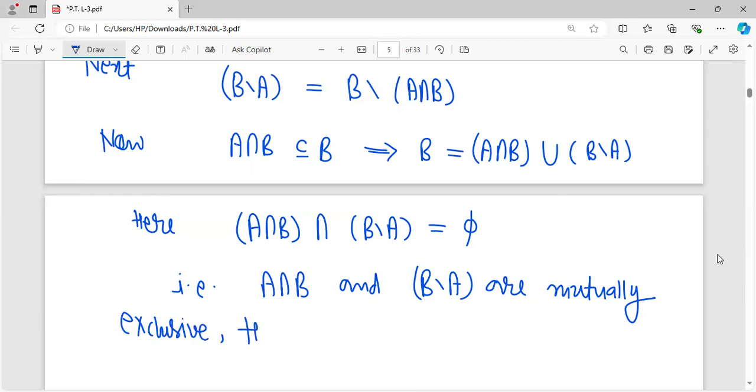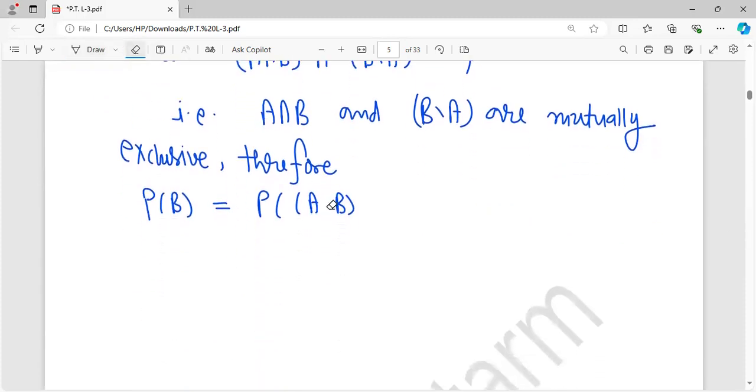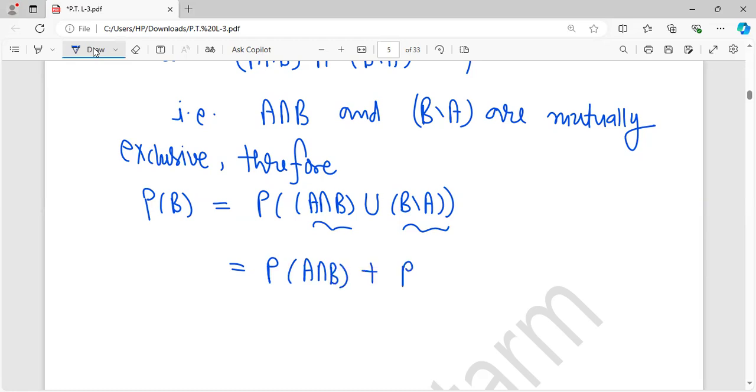Therefore, probability of B is equal to probability of A intersection B union B set minus A. Okay, but both are mutually exclusive, so we have probability of A intersection B plus probability of B minus A.